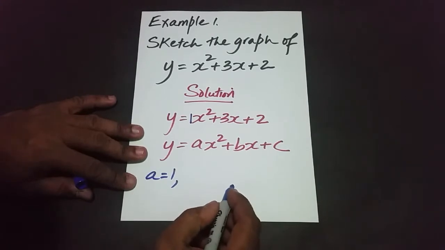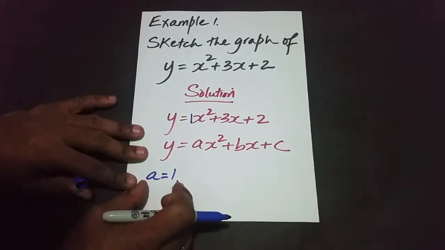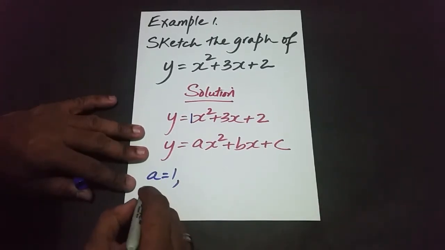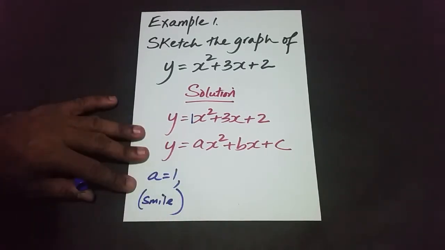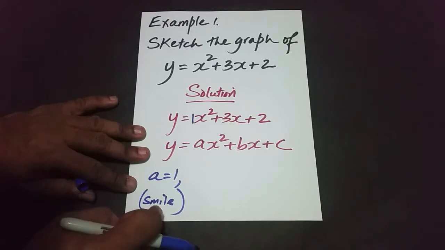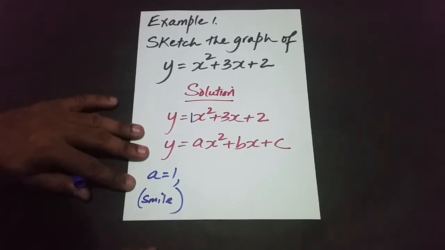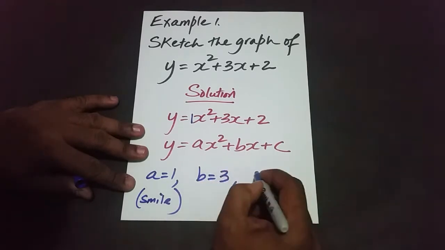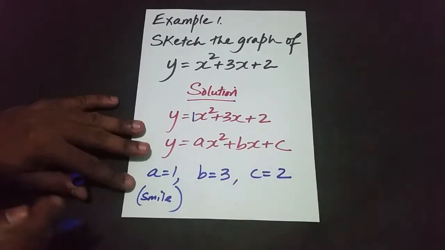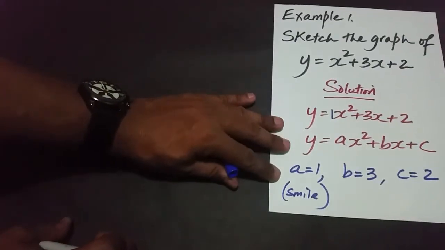In this case, a is positive 1. And the fact that a is positive 1 indicates that we are going to get a smile. So right away, I know what the curve is going to look like. The next thing is b is positive 3 and c is positive 2. So we need to accurately determine what those values are before we move forward.